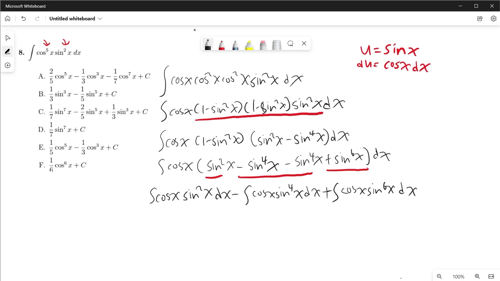Each of these I'm going to u-sub now. The cosine x will be taken away, and then whatever the sine power is.